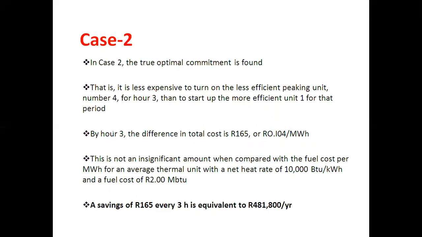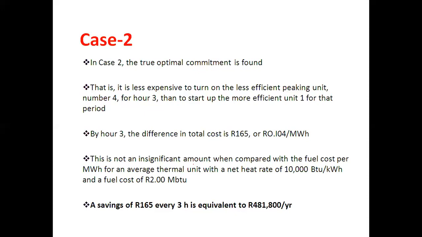So for the third hour, we have to concentrate on the total cost. In order to meet the load demand, rather than going to the efficient unit, we have to go for the less expensive unit. So we will run unit 4 rather than unit 1, as we have already seen in our discussion.